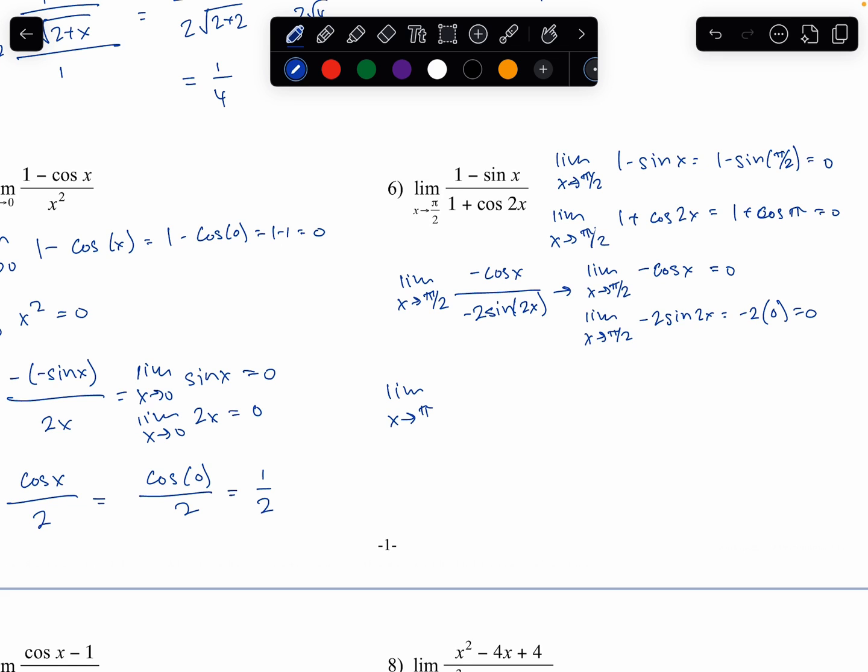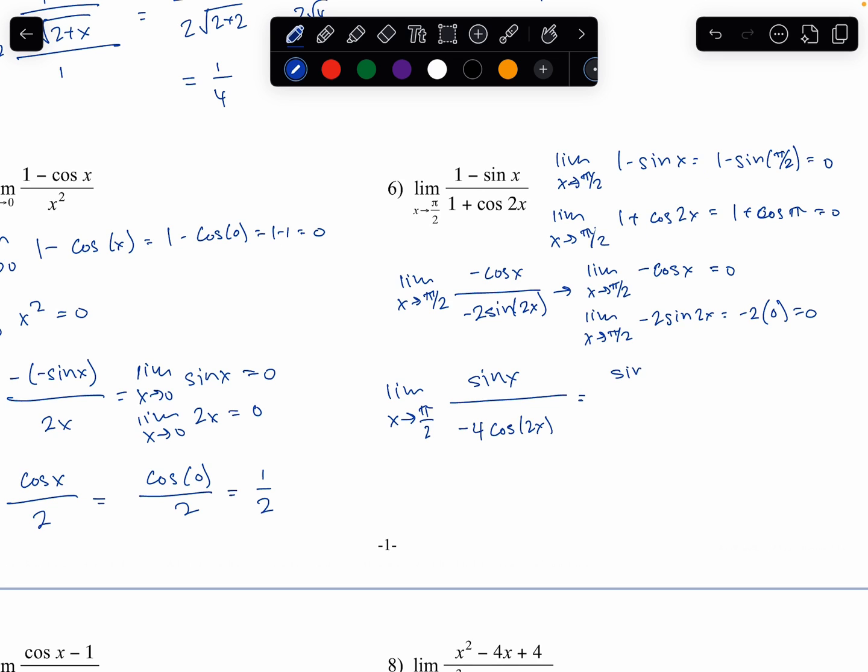The limit as x approaches pi over 2, the derivative for negative cosine is positive sine of x, and the derivative of sine is cosine. So this is going to be negative 4 cosine of 2x.